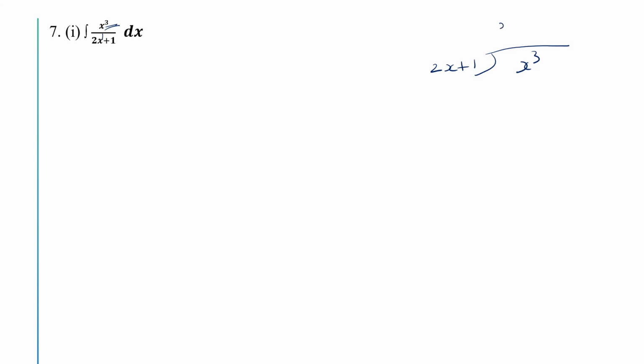So first it is x square by 2. So if we multiply 2x plus 1 with x square by 2, we get x cube plus x square by 2. It is similar to the division of real numbers. Here x cube minus x cube is 0, then minus x square by 2.